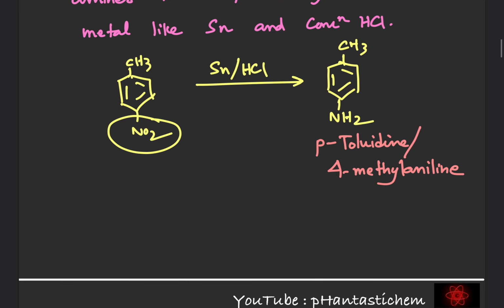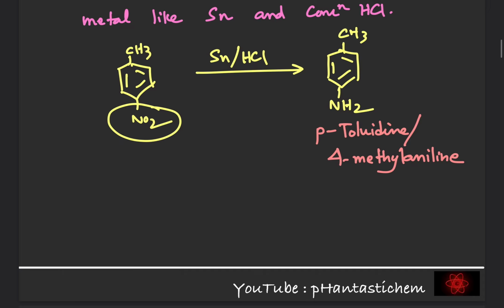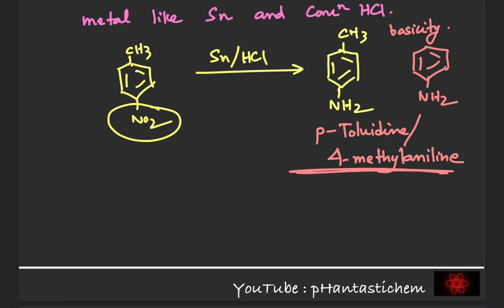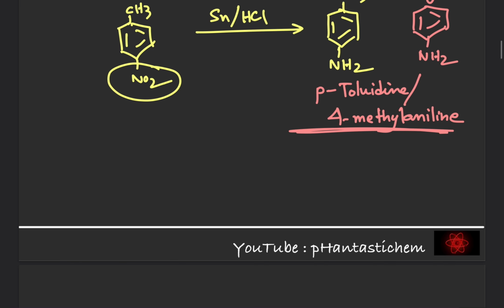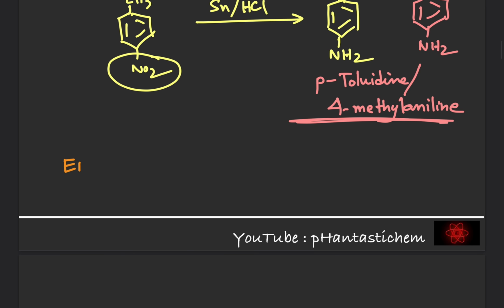Okay, so now let's compare the basicity of this compound with aniline. So we have to compare this compound and aniline. Aniline is just NH2 attached to the benzene ring. Okay, we have to compare their basicity. Cool. So one thing we should know is that electron donating groups increase basicity.